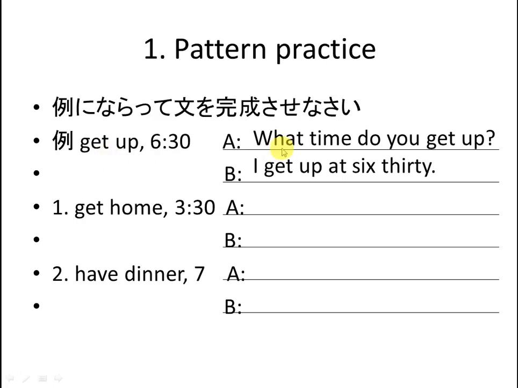So what time do you get up? So we have the same thing, get up here and here. And I get up at 6:30. So get up here comes from here, and 6:30 here comes from this 6:30.